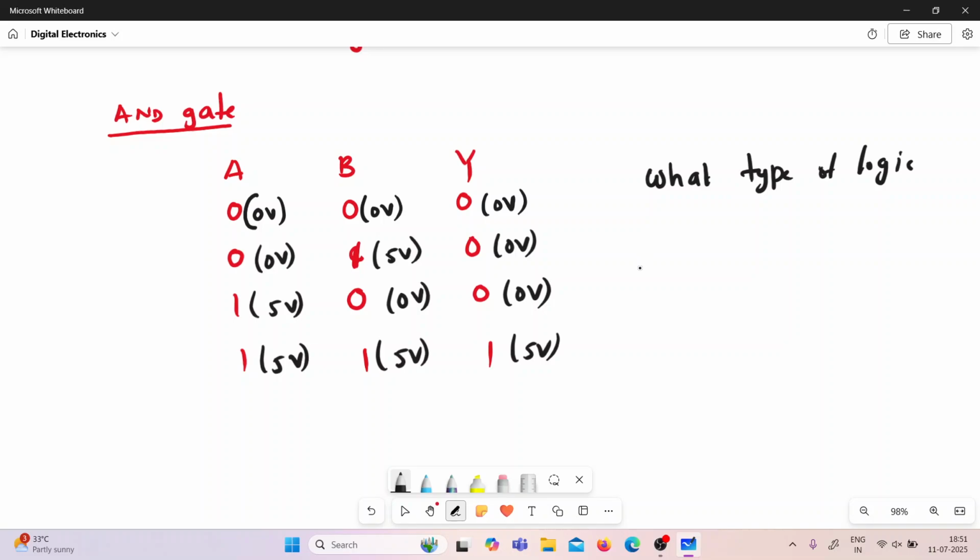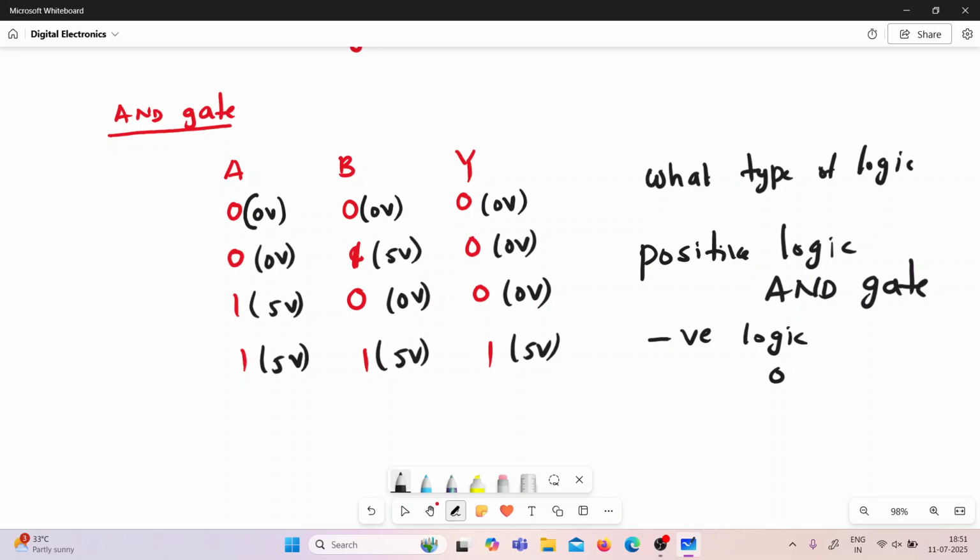So the answer is positive logic AND gate. Suppose positive logic AND gate is not in the options, there may be some other possible answers, that is negative logic AND gate or negative logic OR gate.